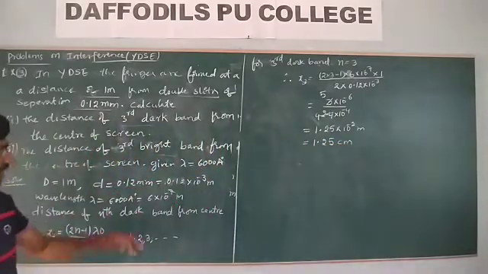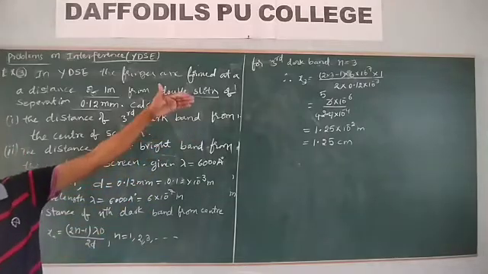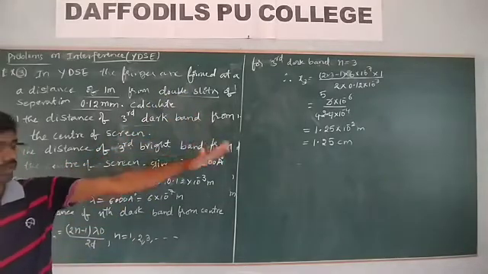That means the distance of the third dark band from the central maximum is 1.25 centimeter.